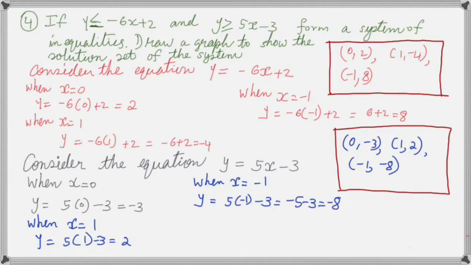If you look at this inequality, it says y less than or equal to negative 6x plus 2, right? So this inequality is all the points below this line, okay? All the points below this line. That is what this inequality is.